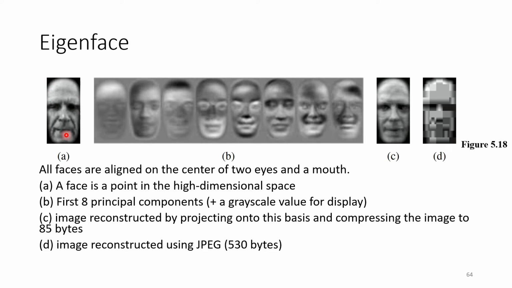Say, suppose this is 40 by 20, then there are 800 dimensions. And then we use 8 principal components in terms of eigenvectors to represent the 800 dimensional vector, and we can reconstruct it. Okay.